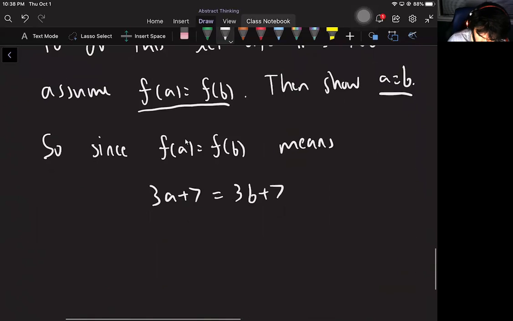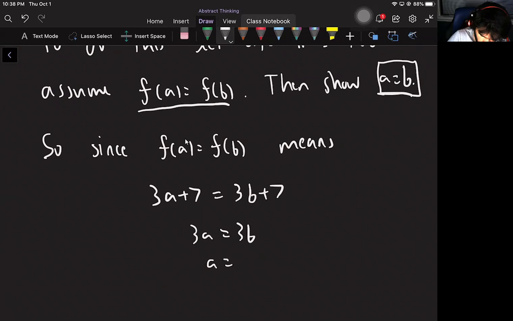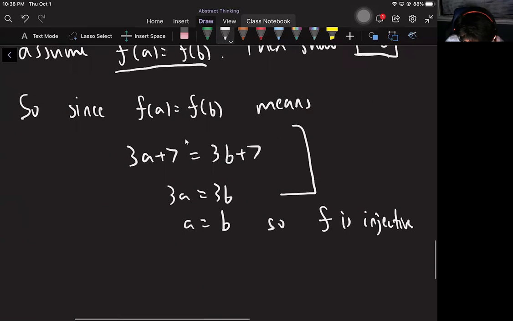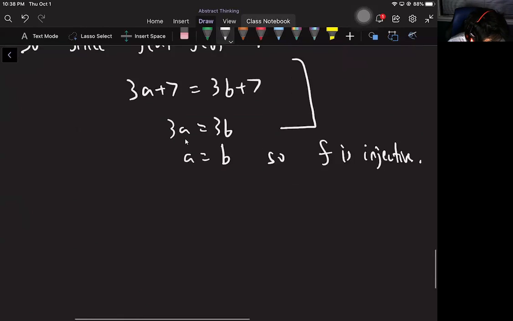And I have to show A equals B. Well, all I'm going to do is solve this for A and B and hope things work out, and they do. Subtract 7 on both sides, divide by 3. So f is injective. Now, what can change in a proof like this is this step can become much harder in fancier proofs. Okay, but that's it, not so bad.